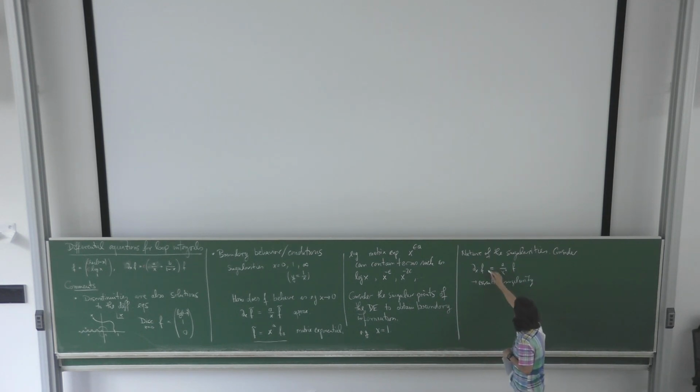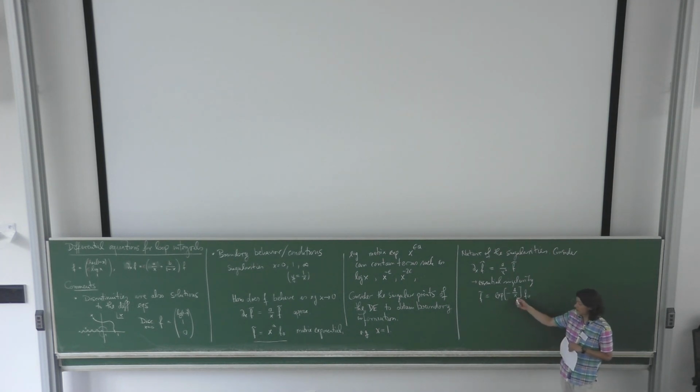So let's see what the solution would be. I think it's just exponential, exponential of minus a/x, something of this sort. Let's just see. Yeah, I think that's right. So you see, in this case, we have an essential singularity. This is, of course, a function that's perfectly okay.